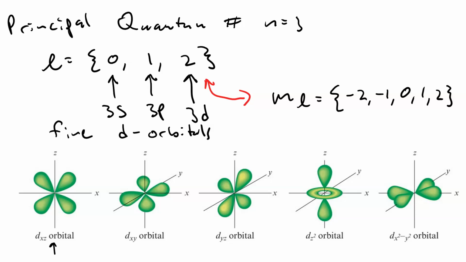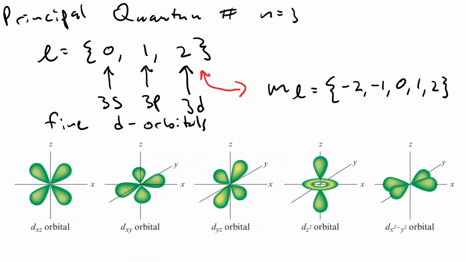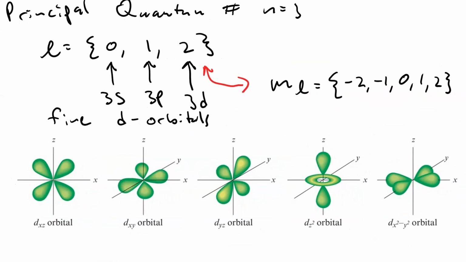There's the dxz orbital, which has its electron density sort of bisecting the xz axes. This is the line z equals x. This is the line z equals negative x. So it's in the xz plane.